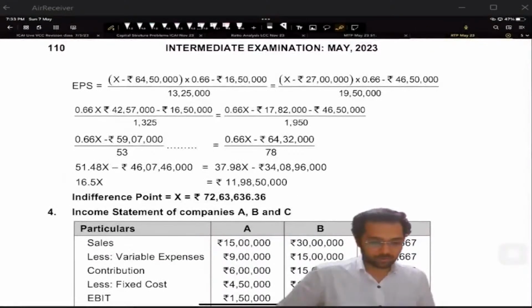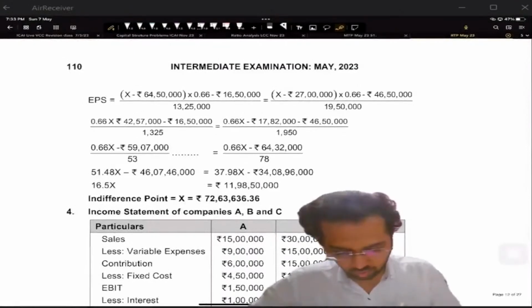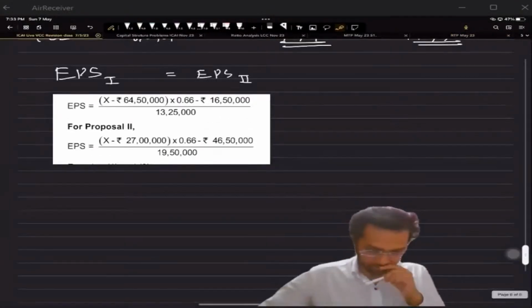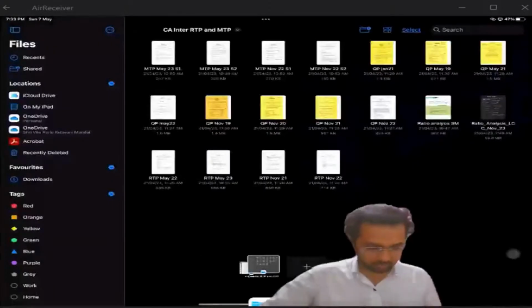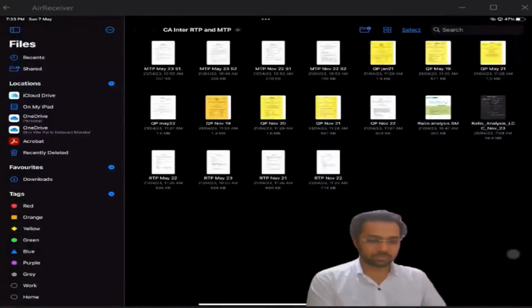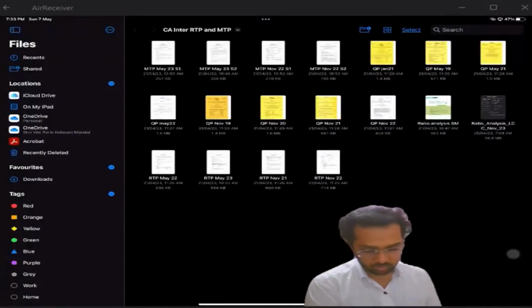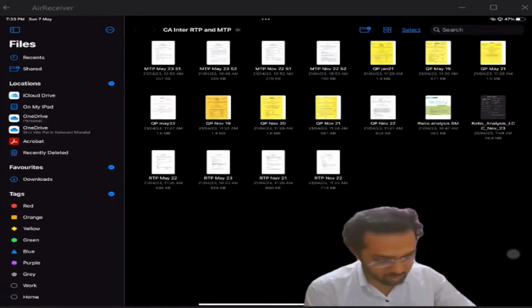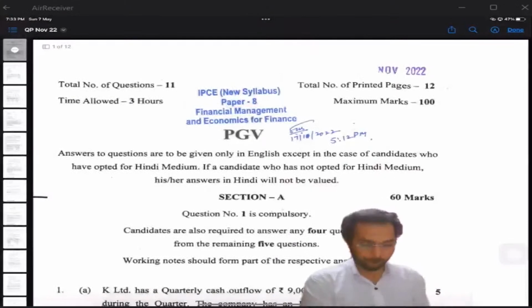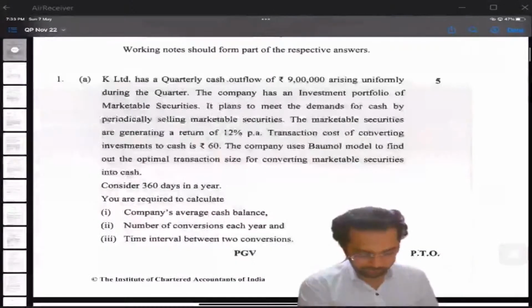Okay, fine. Let's take some more questions from the past RTP and MTPs, or maybe let's take a question itself. The November 22 paper.